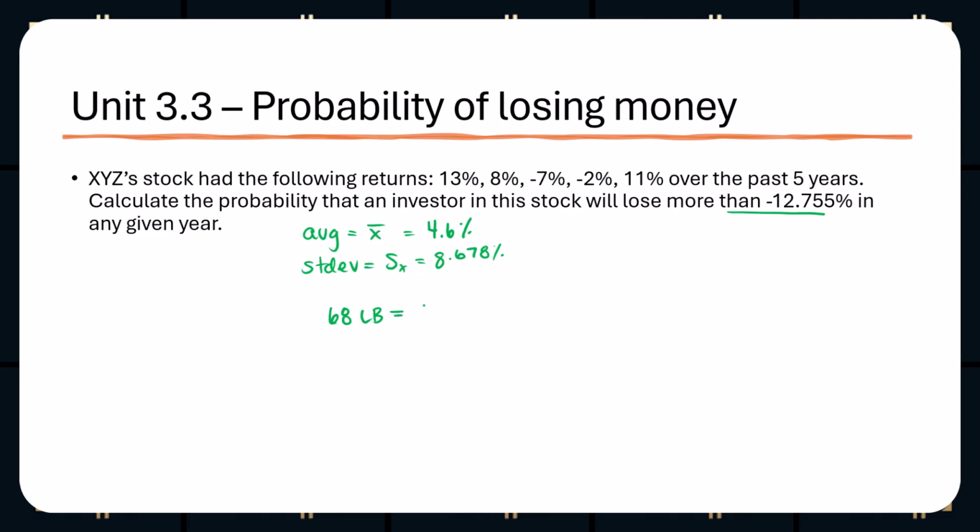And that obviously is going to be 4.6% minus 1 standard deviation. And what we find is that the lower bound at the 68 is a negative 4.08%. On the 95, that's going to be 4.6% minus 2 times 8.678%, or more specifically, you can just subtract off another standard deviation from this number, and when we do that, we find that it is negative 12.755%.